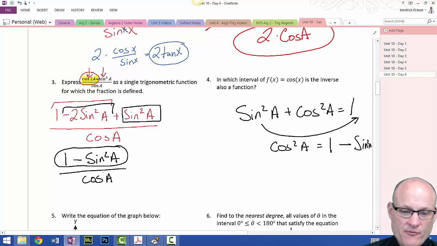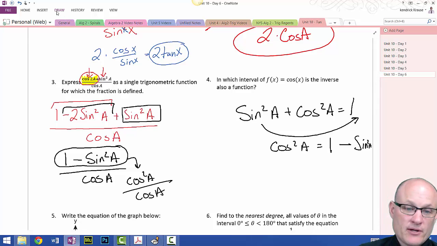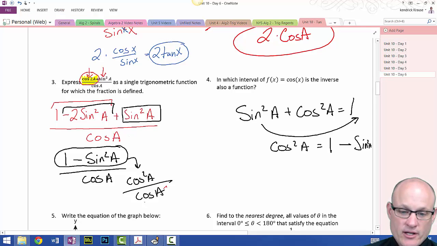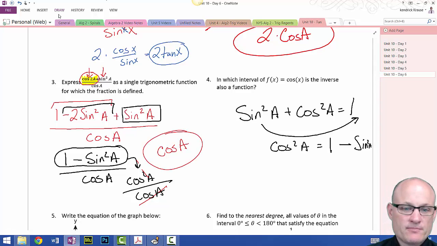So therefore, I can replace that with cosine squared A. That's what this is equal to, all over cosine A. Well, now I can just simplify. This cosine A cancels with this cosine, and it leaves me cosine A. There's my answer. Done.